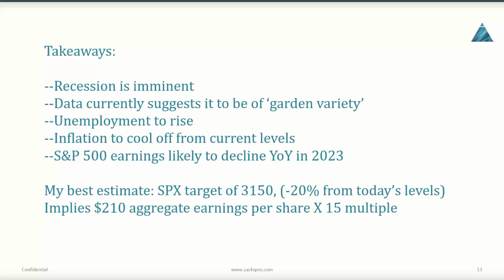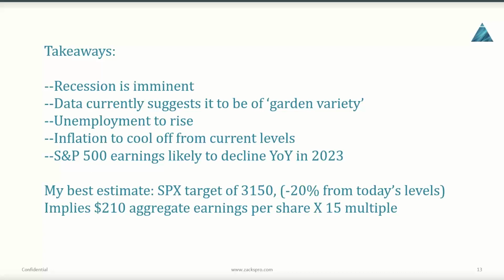And a 15 multiple, which is very, very modest for a recession. So 210 in earnings and a 15 multiple gets us to 3150. So like I'm saying here, the risk reward is not favorable.